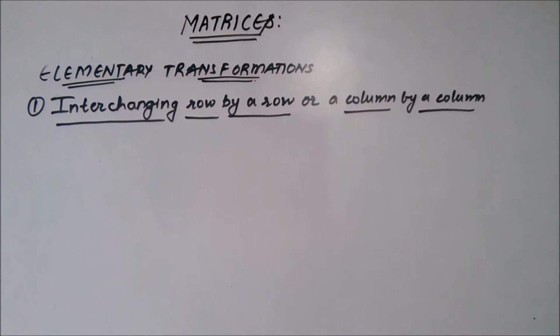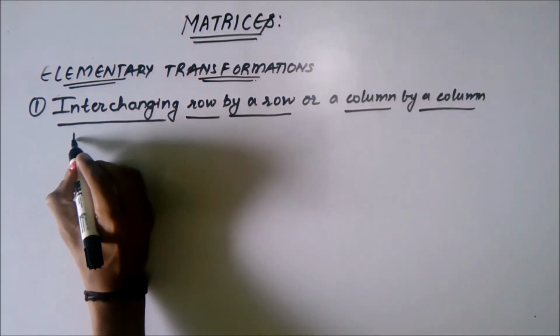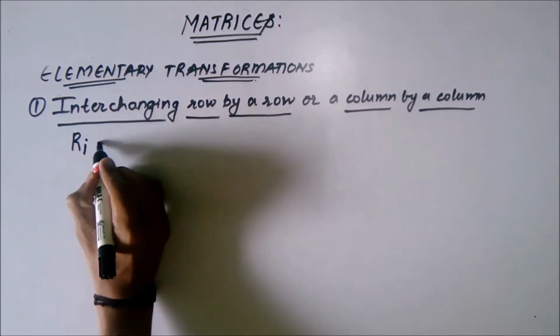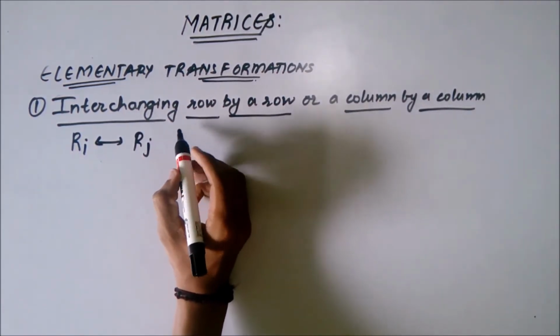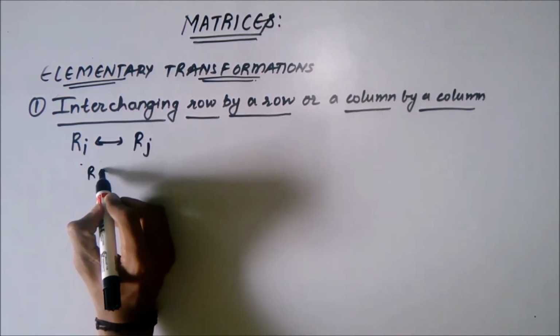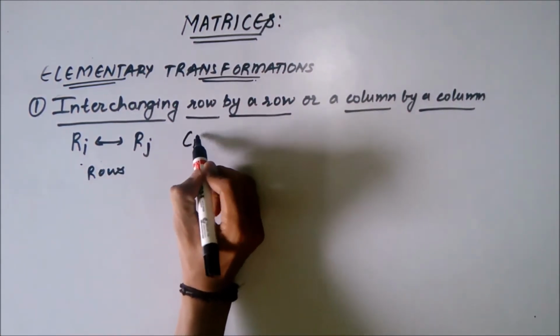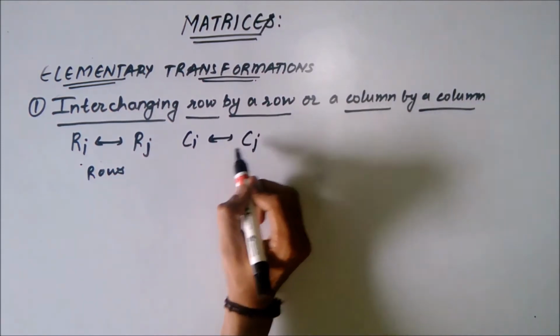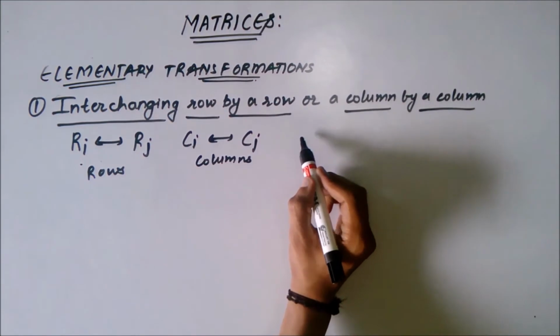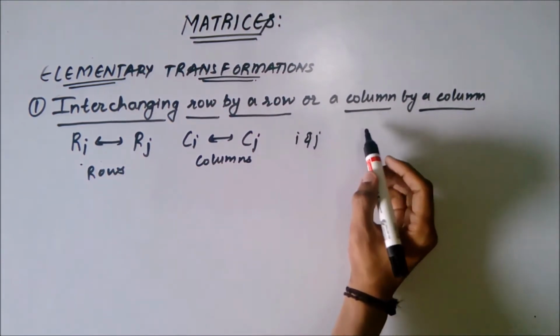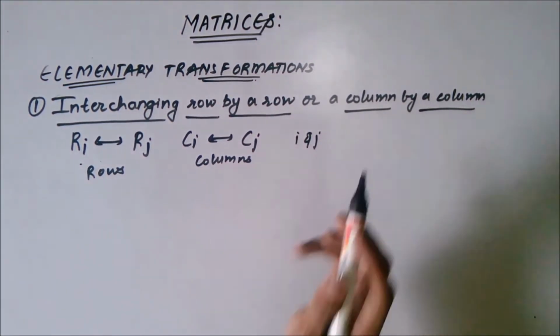The very first operation is interchanging the row by a row or a column by a column. Suppose these transformations are denoted by Ri, Rj for rows and Ci, Cj for columns, where i and j represent the number of the column or the row.